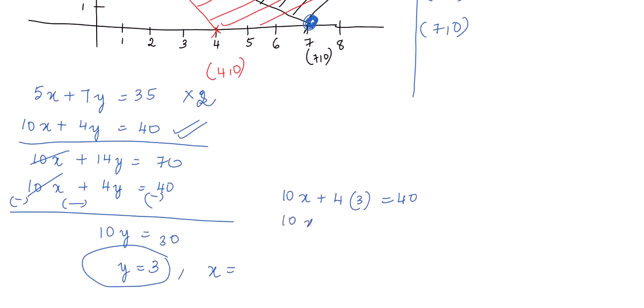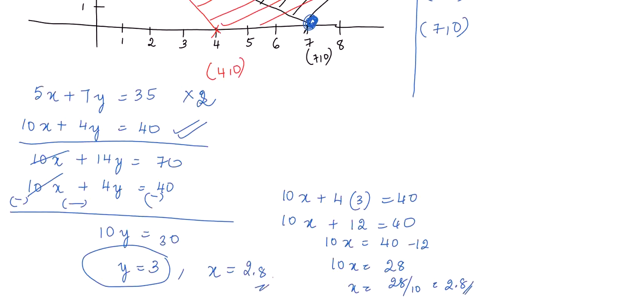That is 10x plus 12 is equal to 40. So 10x is equal to 40 minus 12, which is 28. Then x is 28 by 10, which is 2.8. So the x value is 2.8 here.